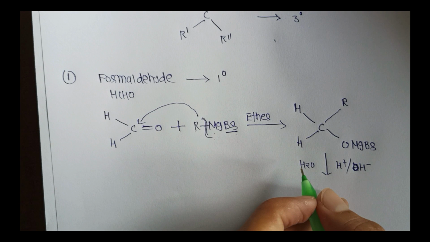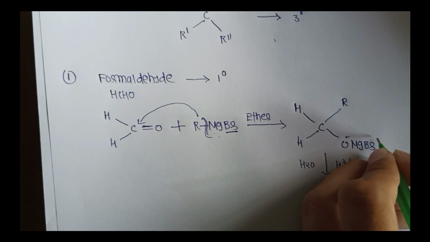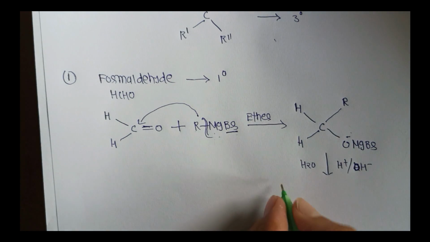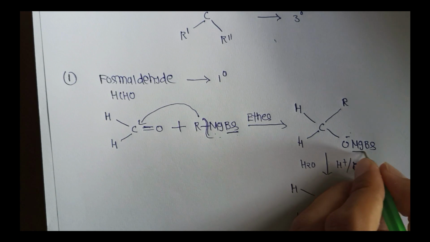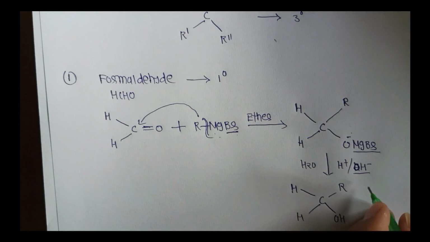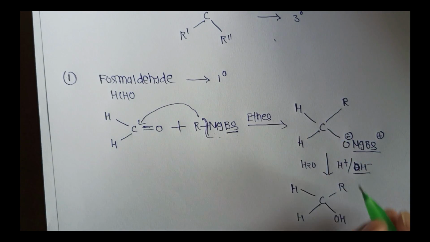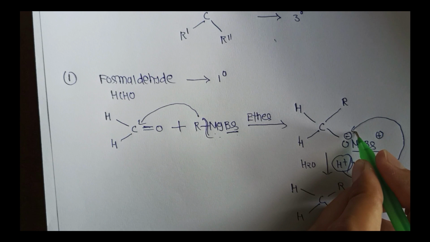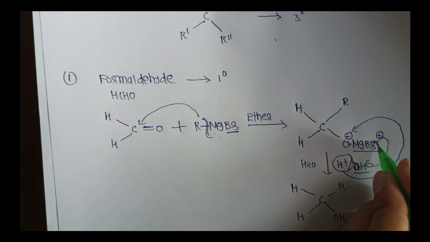Here oxygen has a minus charge, MgBr is partially positive, so H plus directly attacks the oxygen, giving H, C, H, OH, R, and OH minus attacks MgBr.